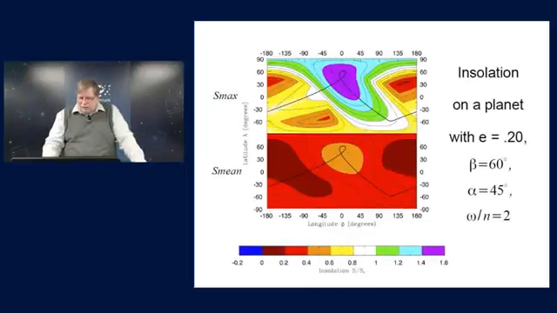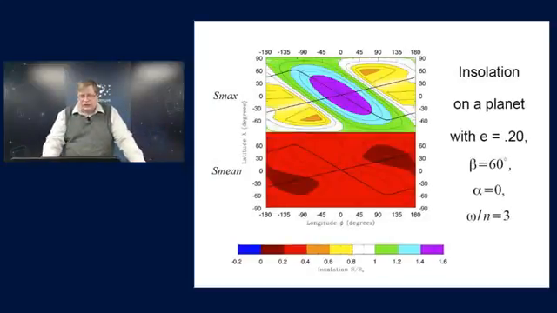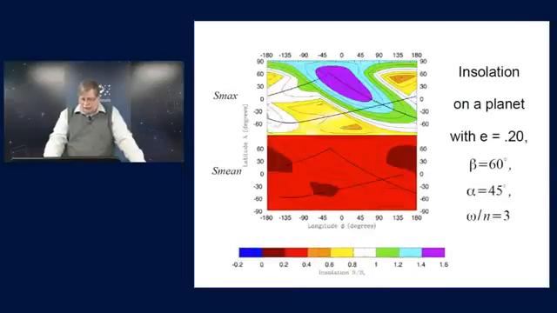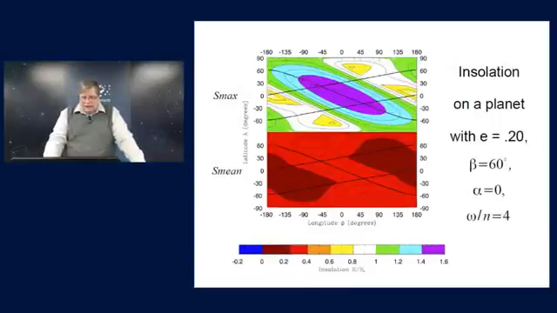Okay, now the same thing goes for the 3-to-1 resonance. We're still on the integer type resonances. Now the subsolar ground track wraps around the planet twice per insolation cycle, and that changes with alpha as well. And just one more here. If we go up to a 4-to-1 resonance, now the ground track is wrapping around 3 times, and the insolation is changing accordingly.